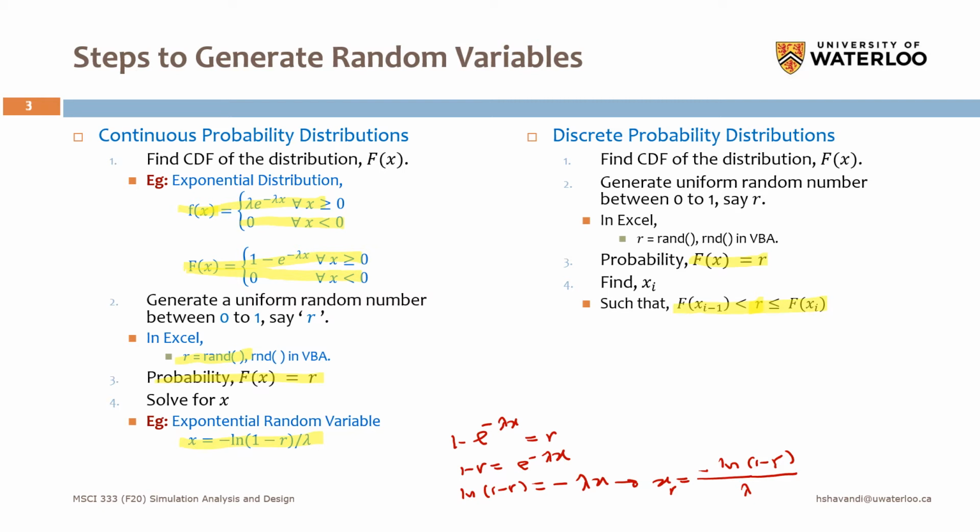Then the upper limit of that interval, x_i, would be our random variable here. So this is how we go for discrete distributions.